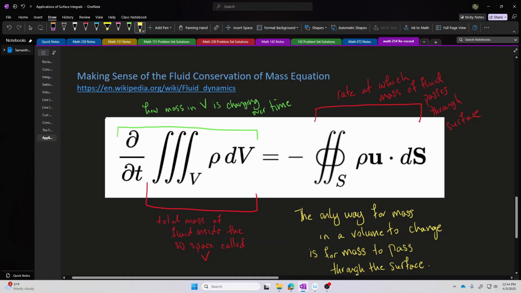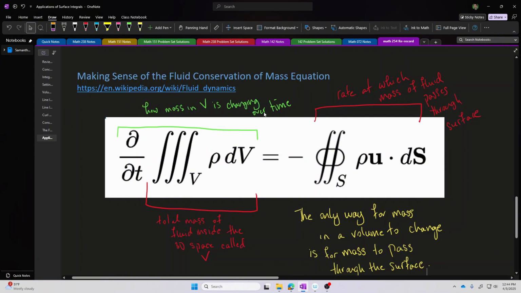In other words, when you're dealing with an enclosed space, mass cannot simply appear and disappear at random within that enclosed space. If you are gaining mass into the space, it is because mass is being pumped into the space. It's flowing into the space somehow, and it has to flow into the space through the boundary, through the border, through the surface of that space.